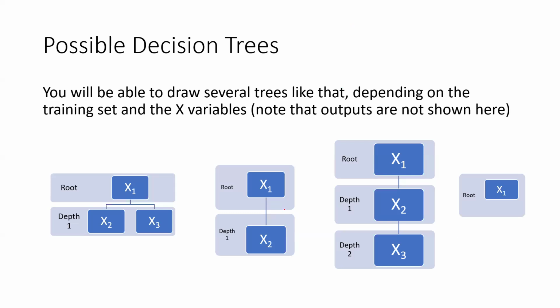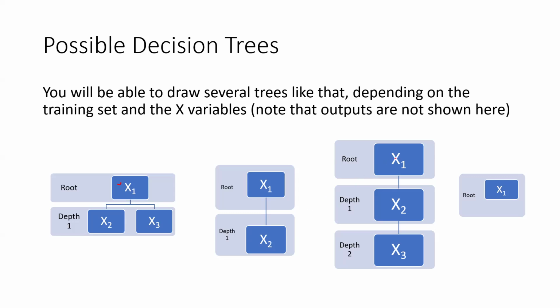So in this way, you can create different types of decision trees. For example, you can start with x1, and then you can add two decision variables x2 and x3 here, if x1 cannot classify it with 100% purity. If there are impurities, you can add x2 and x3 here, or you can simply add x2 only, if the other side is okay.